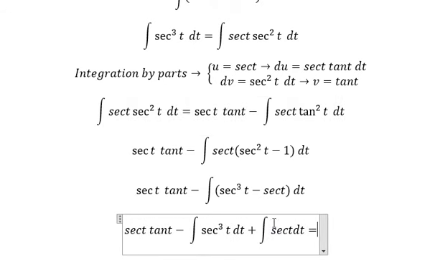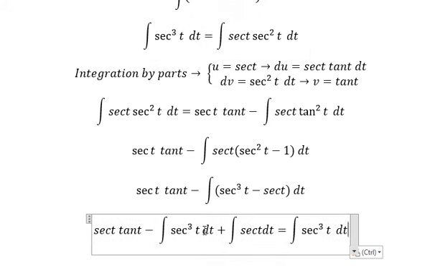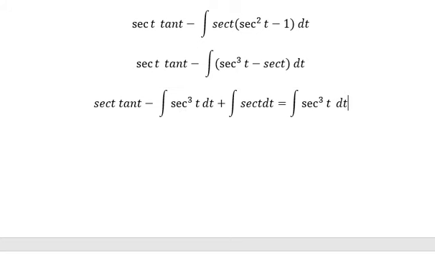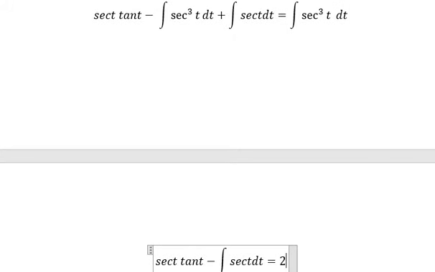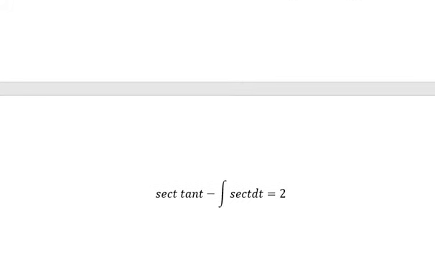And this integration equals to this one. We want to find the integral of secant of t to the power of 3. So we put this one to the right. And we go about number 2, the integral of this one.